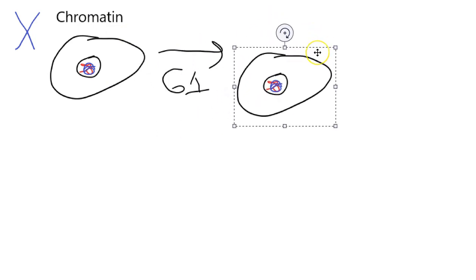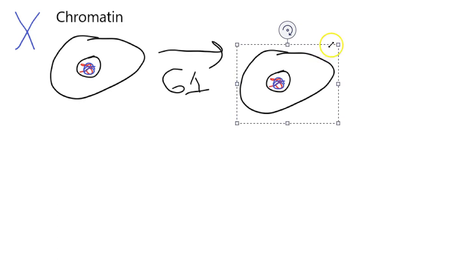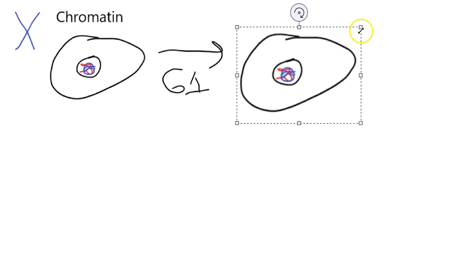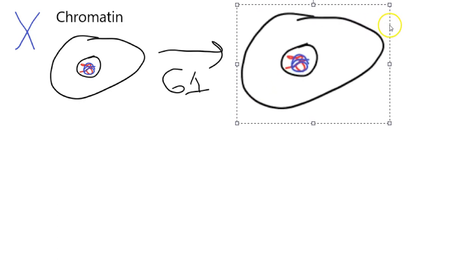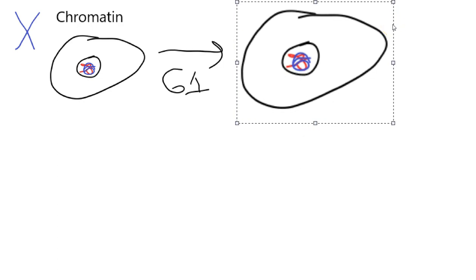The cell is just growing. It's increasing its size. That's the first part of mitosis.